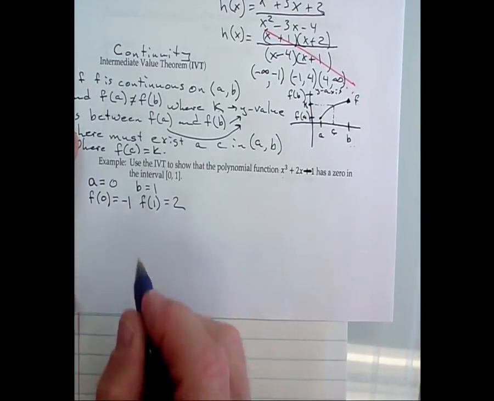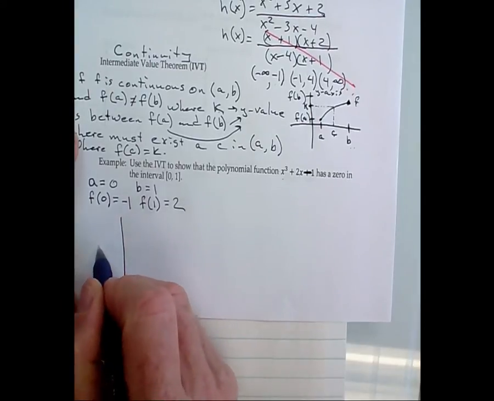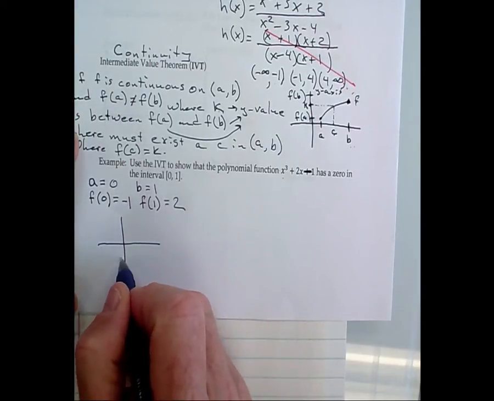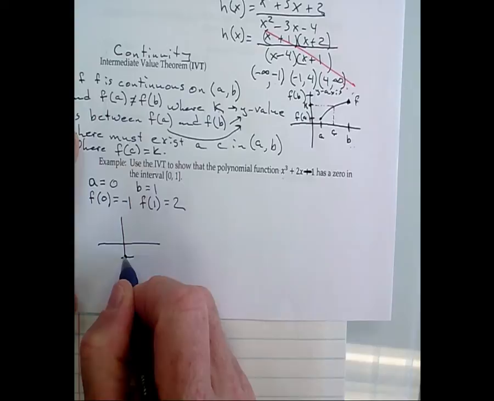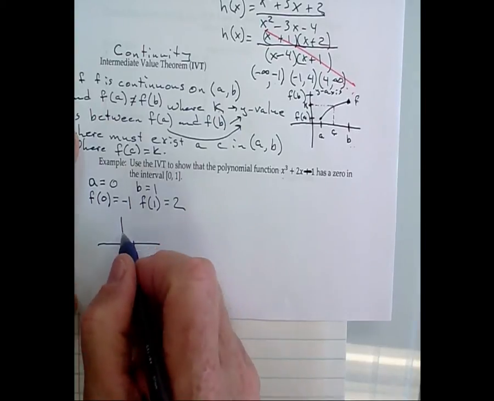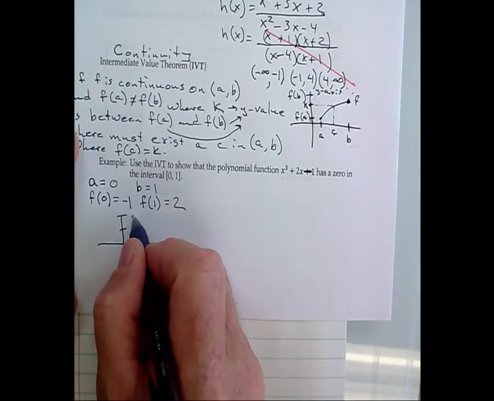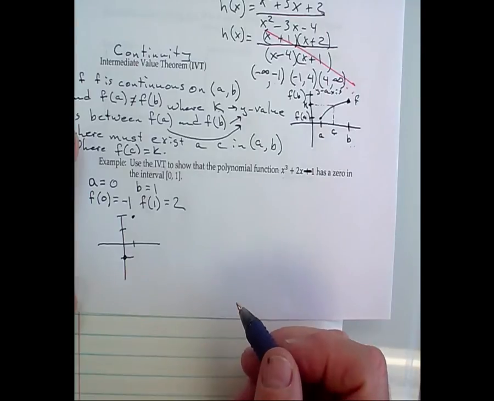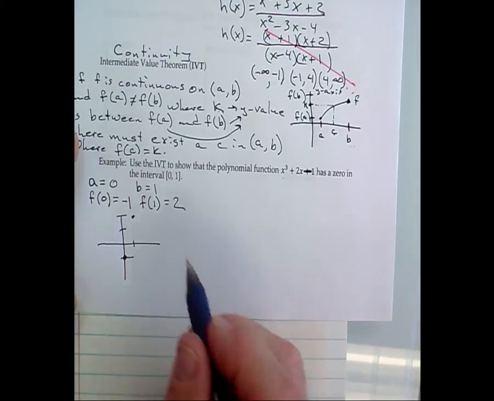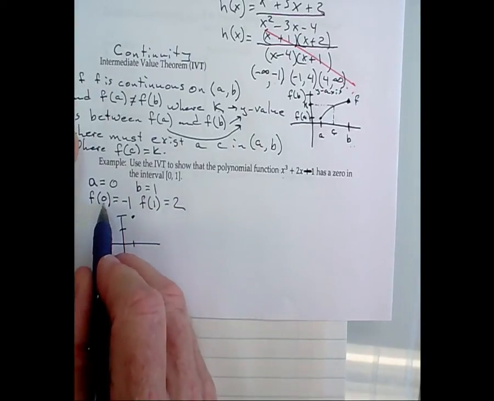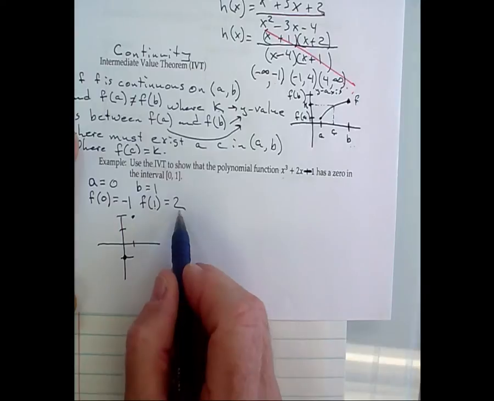So this is what we know right now. If I were to plot this, here's 0, -1. Here's 1, 2, correct? Those are my 2 points, correct? x, y, x, y.